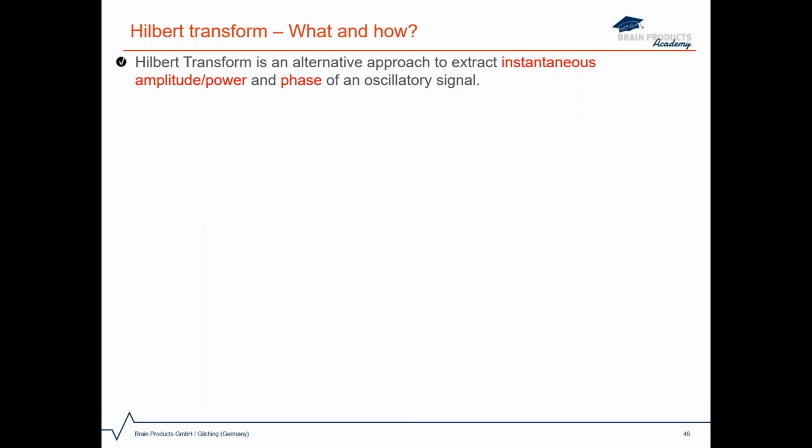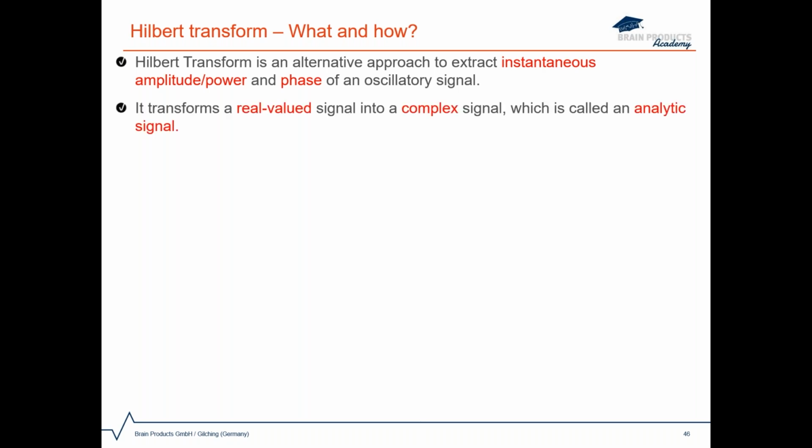Like complex demodulation, Hilbert Transform is a widely used signal processing method to retrieve instantaneous amplitude or power and phase of an oscillatory signal. The idea behind the Hilbert transform is rather simple. It simply transforms a real value signal into a complex signal, which is called an analytic signal.